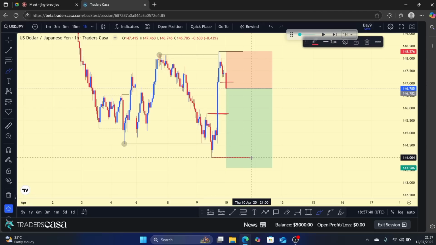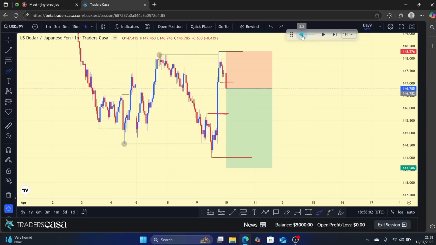We need to set our TP on the opposite external liquidity, but you can clearly see the distance is not that huge. So yeah, we can do that. And also you can clearly see that this is a major inducement sweep, but if it was a minor inducement sweep, I wouldn't recommend it. Right, so yeah, let's see what price does eventually.